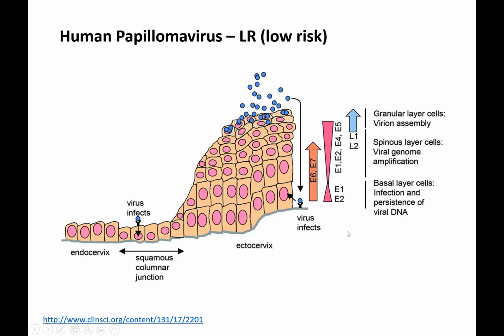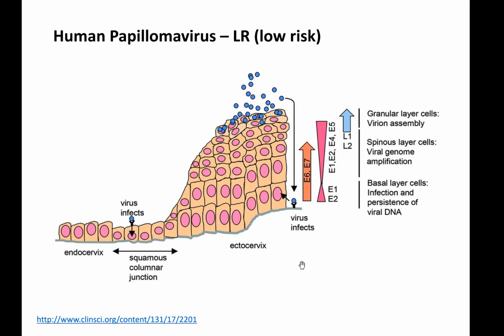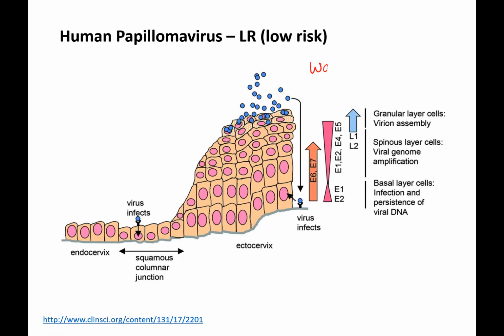Okay, so this diagram is just to show you what's going to happen with low risk: you might produce warts, and produce virus that exits the cell by lysis. Okay, and this release of virus is happening here at the top of your skin.